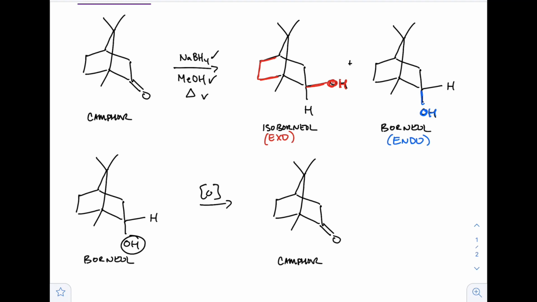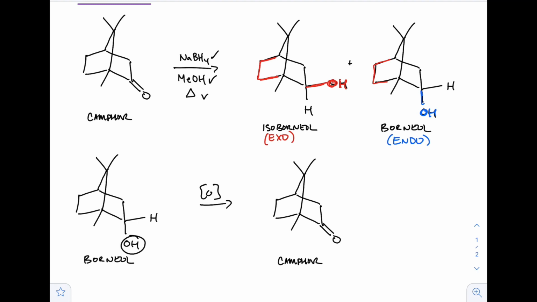Since the longest bridge on this one is closer in proximity to the OH, that's what makes it the endo product.